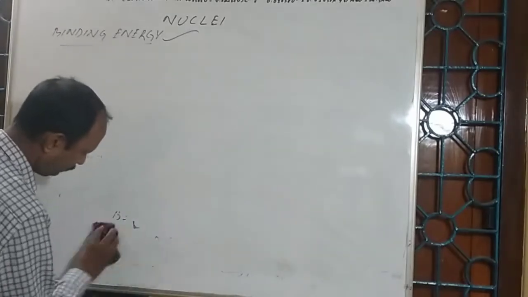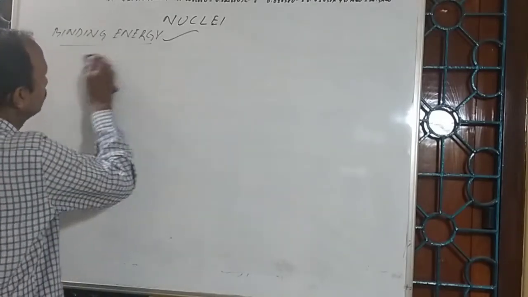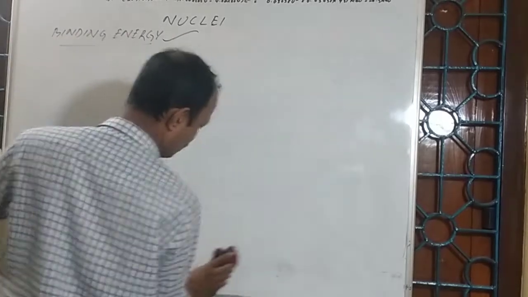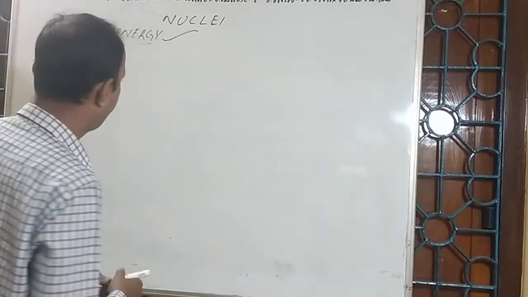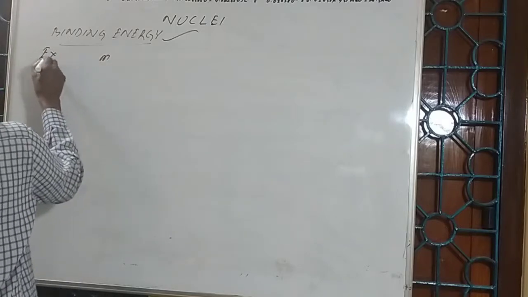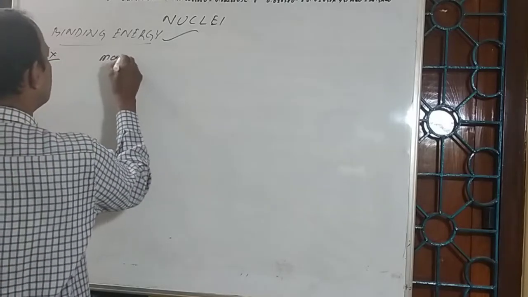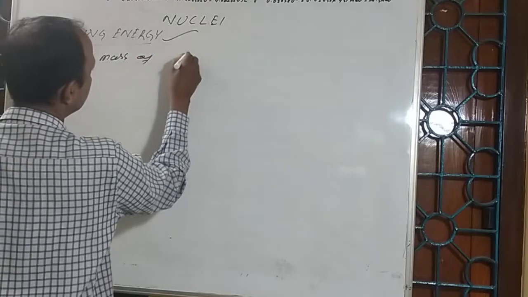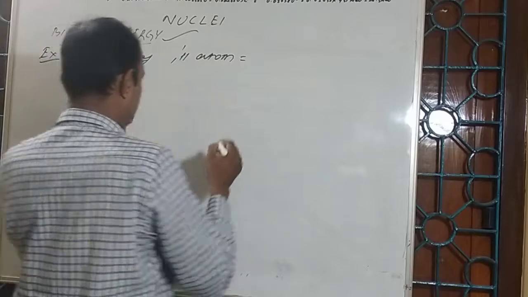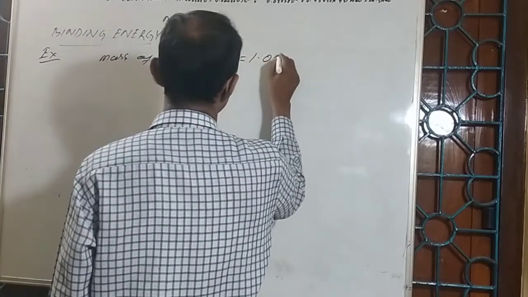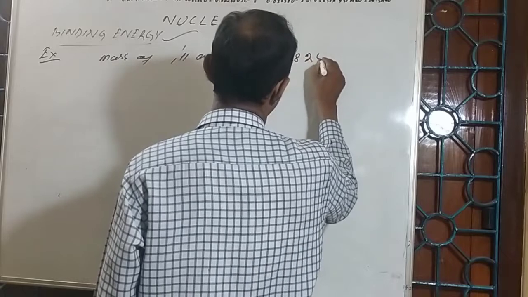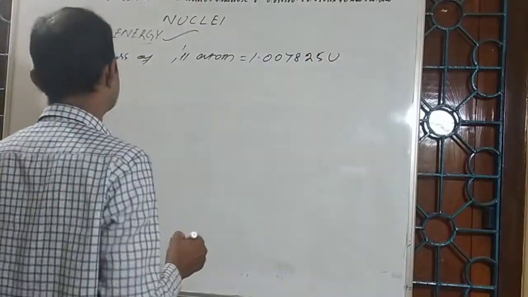Suppose I am taking the mass of a hydrogen atom. See here, this is the example. Mass of the atom is 1.007825 unified mass.